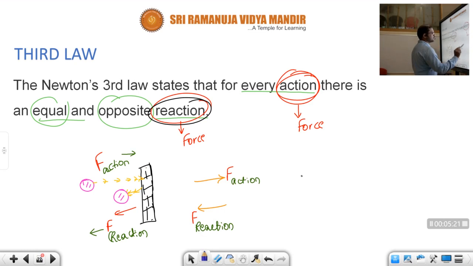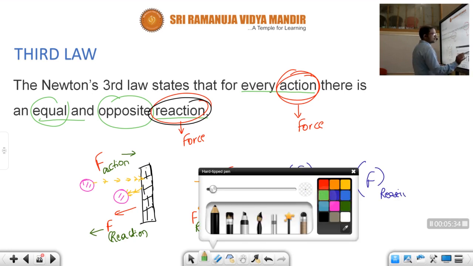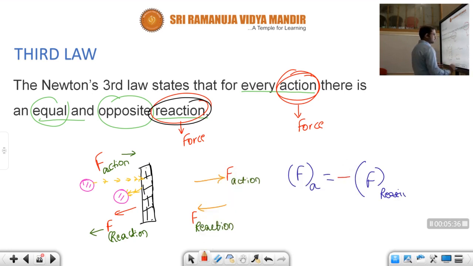So here, force due to action is equal to force due to reaction, children, but the only thing is, a minus will come. What does this minus represent? Opposite direction.